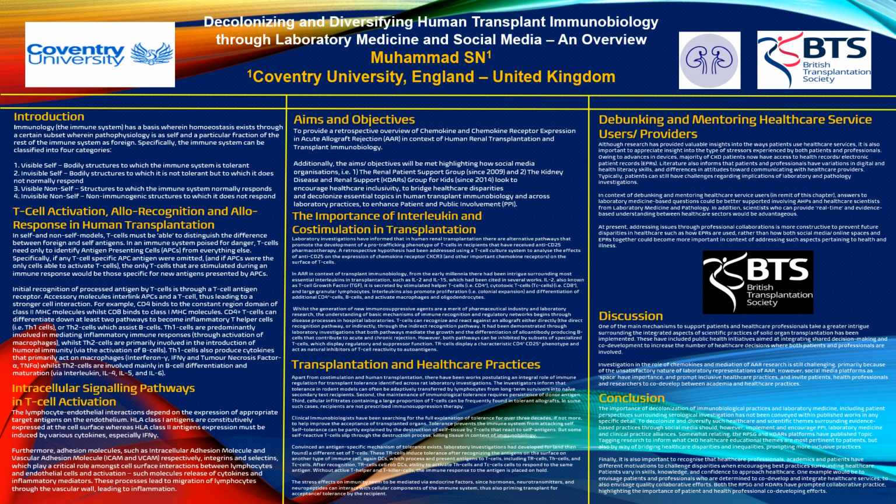Firstly, visible self, where there are bodily structures to which the immune system is tolerant. Secondly, there is invisible self, where the bodily structures are ones to which it is not tolerant, but to which it does not normally respond.